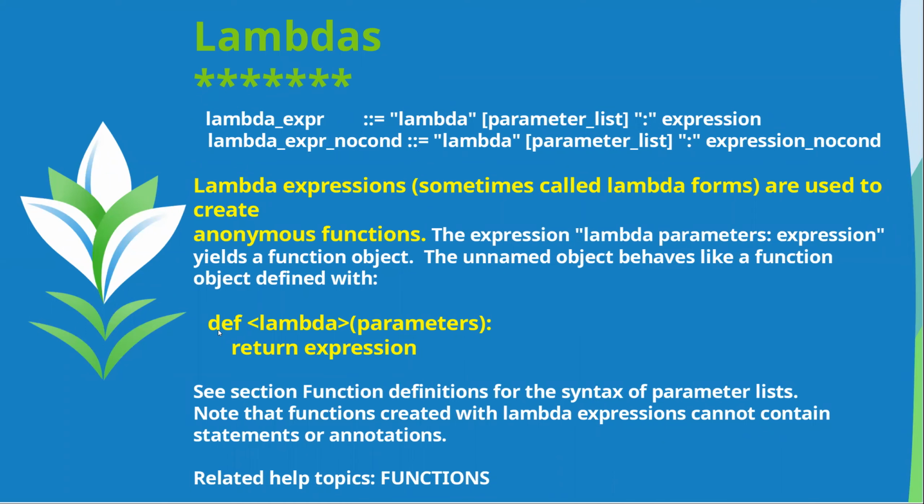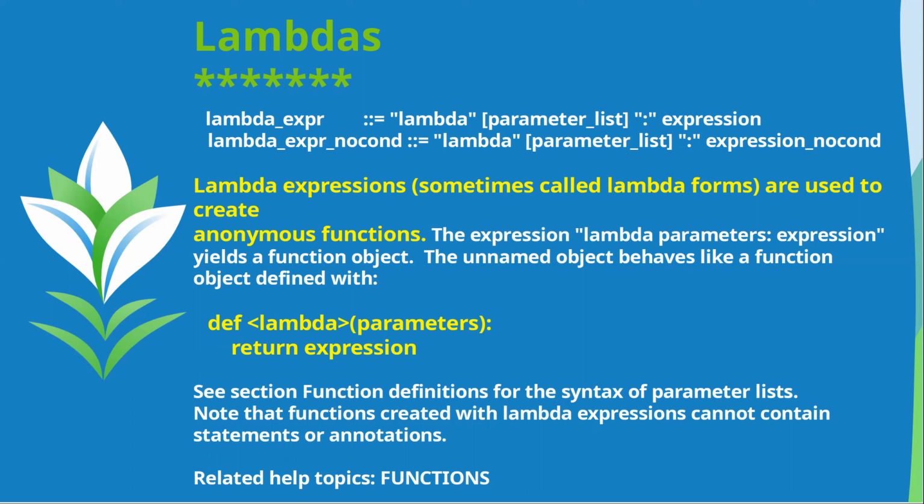If you use the function definition, the syntax is like lambda, and then the parameters. This could be one or more parameters, and then the return is one expression, not multiple expressions. That's why it's a small function and it has no name. That's the definition of a Lambda function.